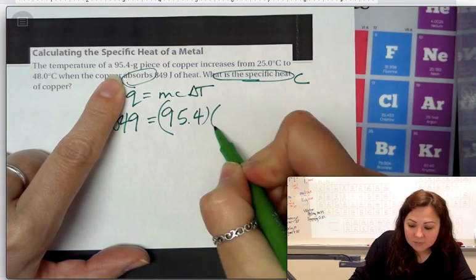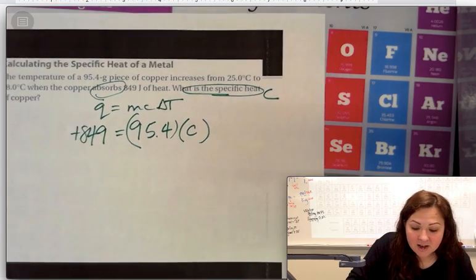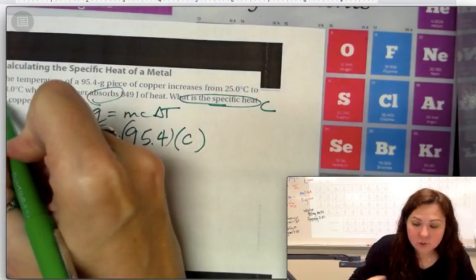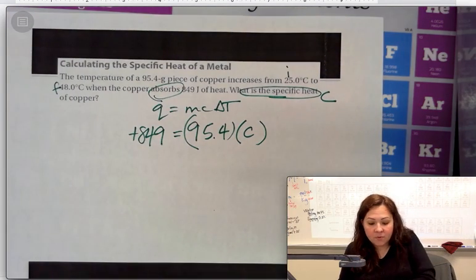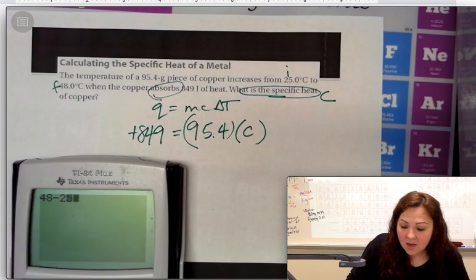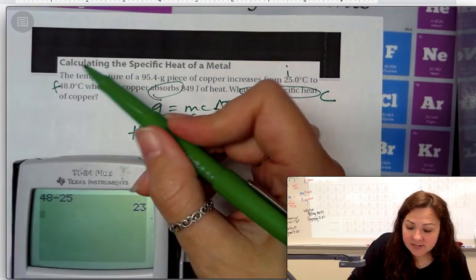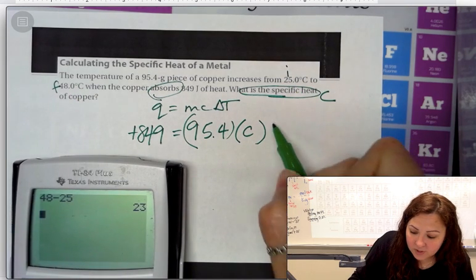My C is what I'm solving for. To get my delta T, I'm going to take my final minus my initial temperature. So in order to get that value, you're going to take 48 minus 25. I have 1 decimal place, 1 decimal place. So that means that when I plug this in, it needs to have 1 decimal place.